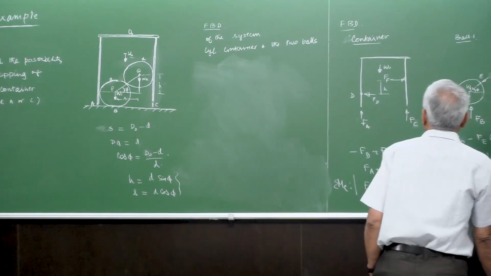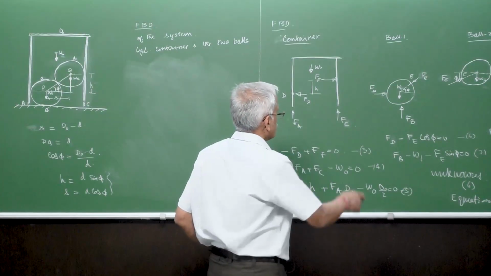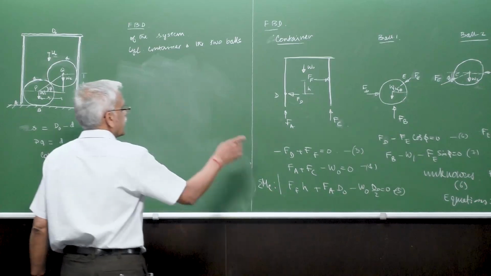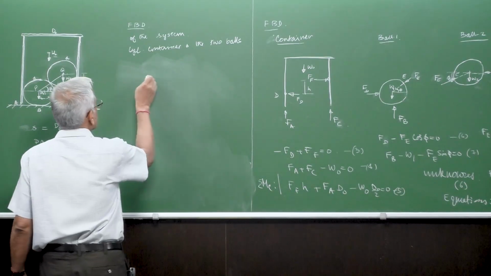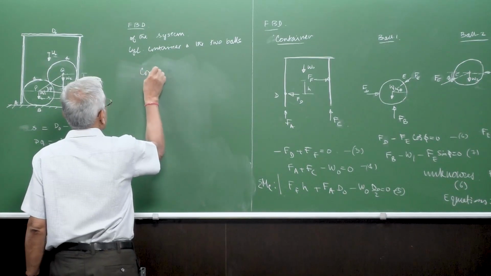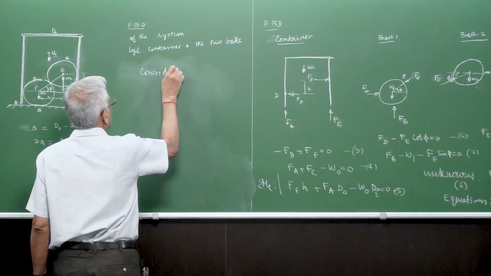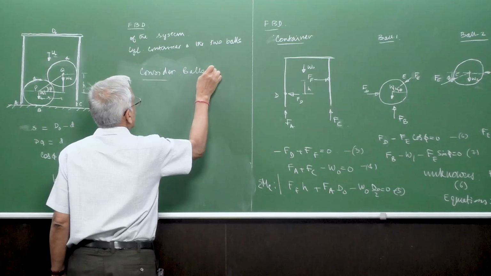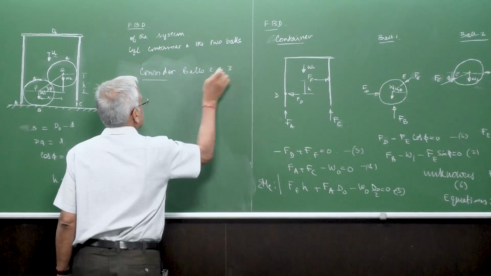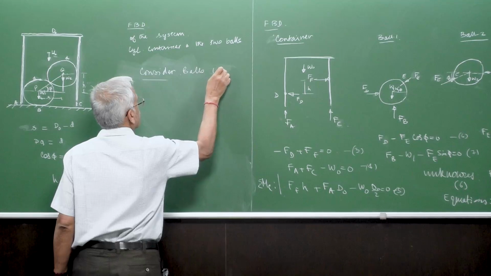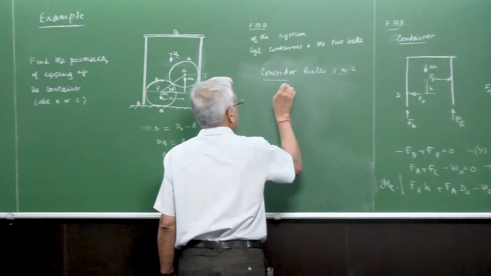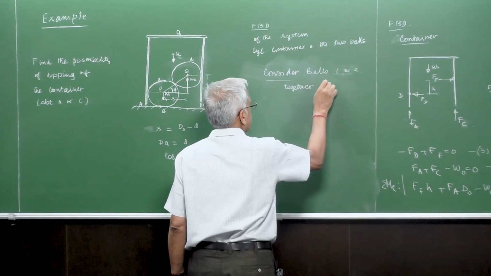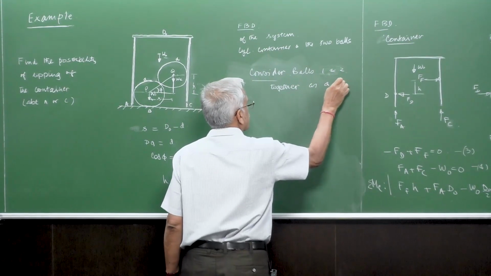To simplify these equations, another thing we can do is consider balls 2 and 3, 1 and 2 together as a free body diagram.